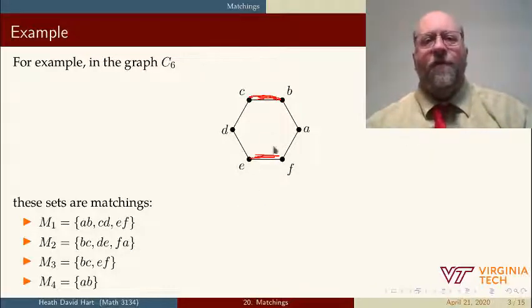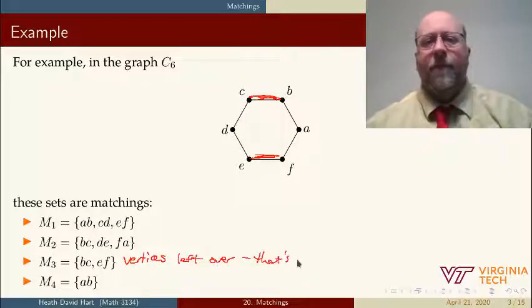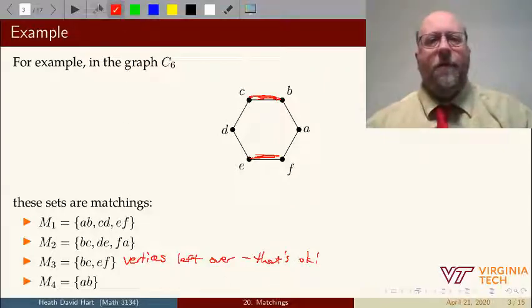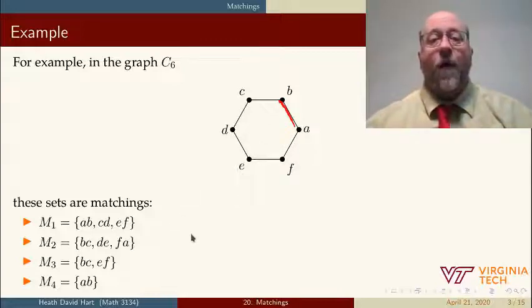There are some vertices that are left over. That's okay. And then the last example, it's not a very good matching, but it's still a matching. No vertex has two edges. We have a lot of unused vertices.